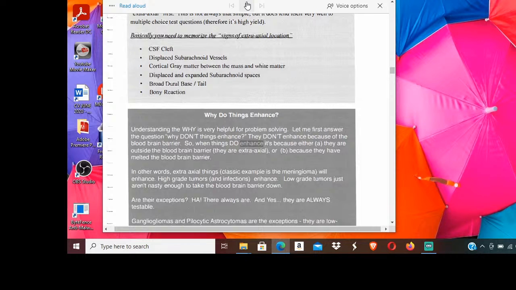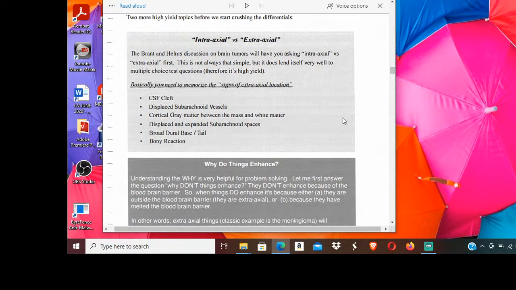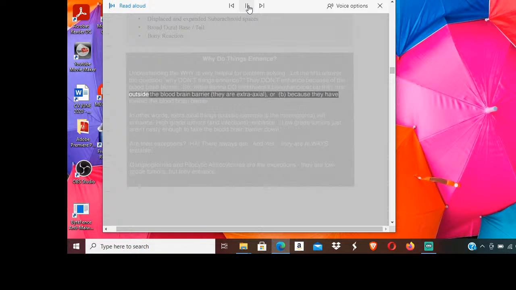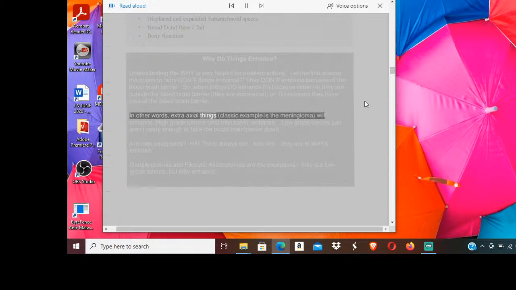So when things do enhance, it's because either A, they are outside the blood-brain barrier, they are extraaxial, or B, because they have melted the blood-brain barrier. In other words, extraaxial things, classic example is the meningioma, will enhance.